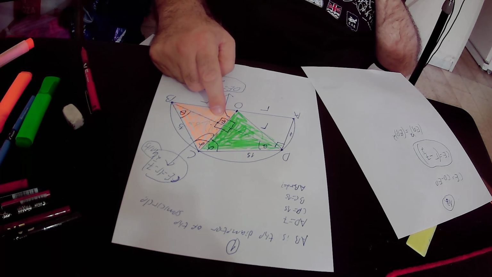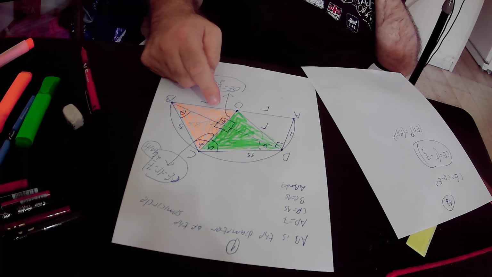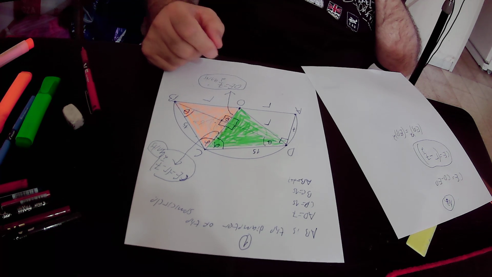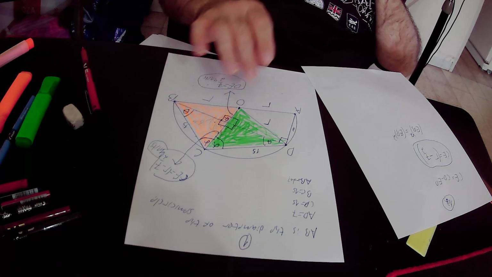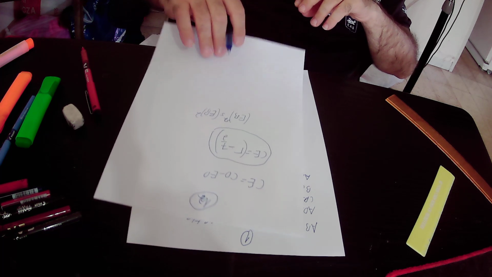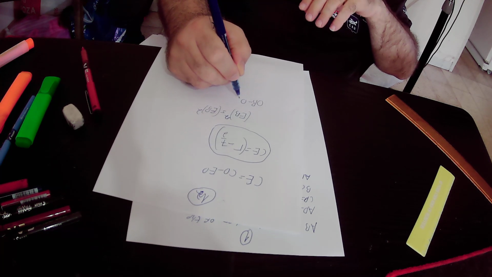Here EB squared will relate to triangle EOB. EB squared in triangle EOB will be equal to OB squared minus OE squared.